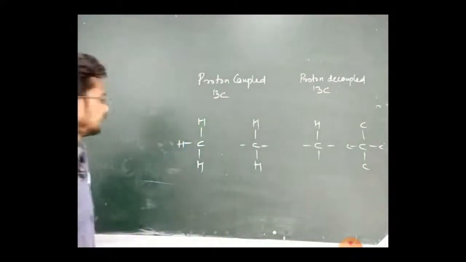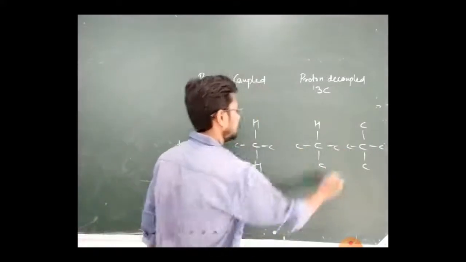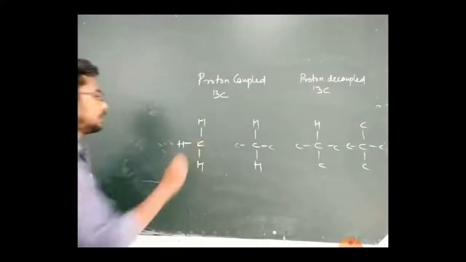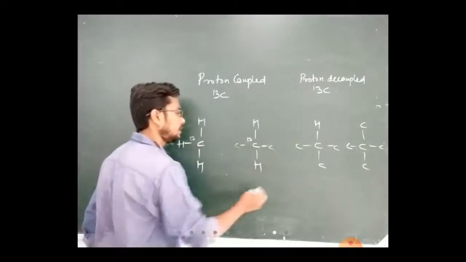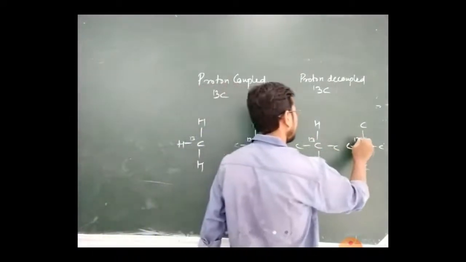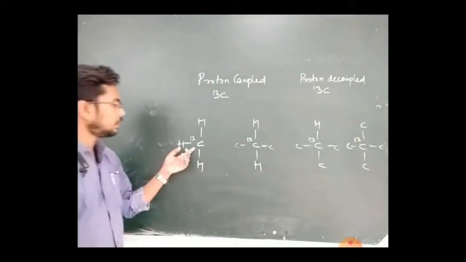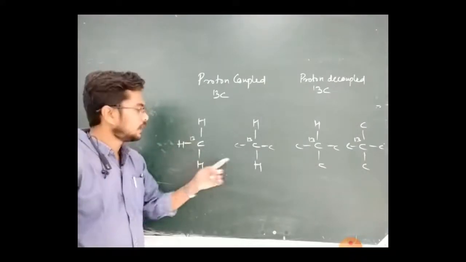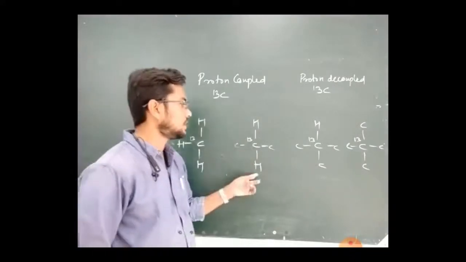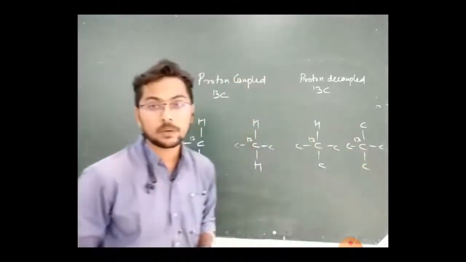So here there are carbon, carbon, carbon, carbon, carbon, and these are all active nuclei. In this case, this carbon is attached to 3 hydrogens, this carbon is attached to 2 hydrogens, this is attached to 1 hydrogen, and this carbon is not attached to any hydrogen atom.